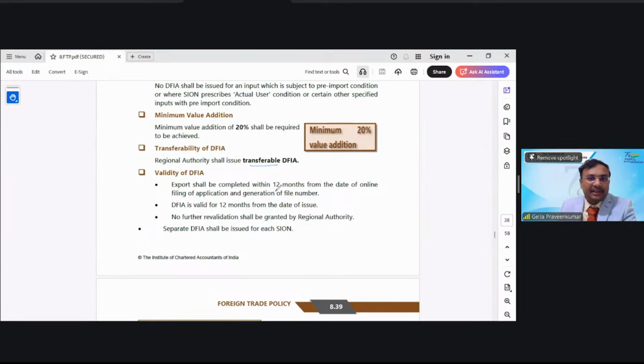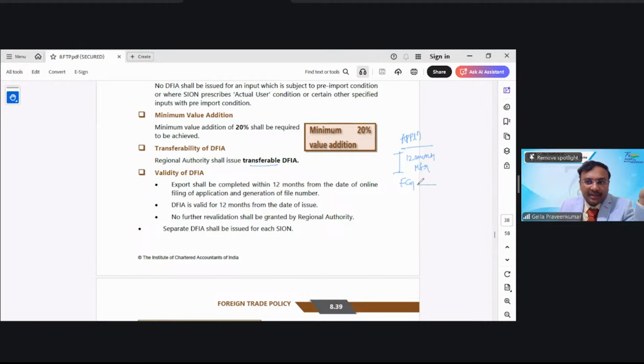Export shall be completed within 12 months from the date of online filing application. So when I file application, which is approved, from there 12 months, I have to manufacture. My window to manufacture, where finished goods come into existence. DFIA is valid only for 12 months from the date of issue.